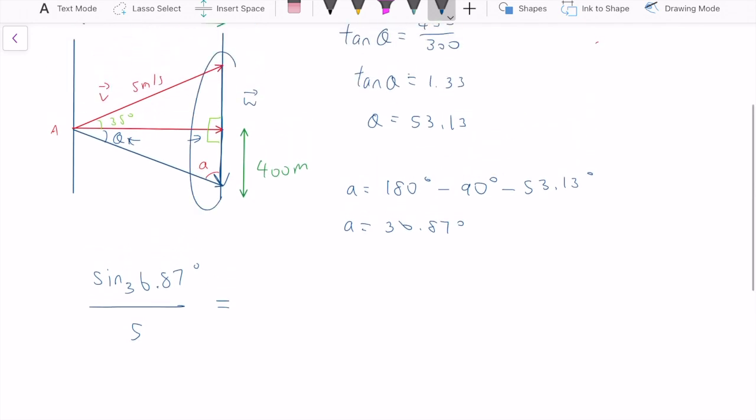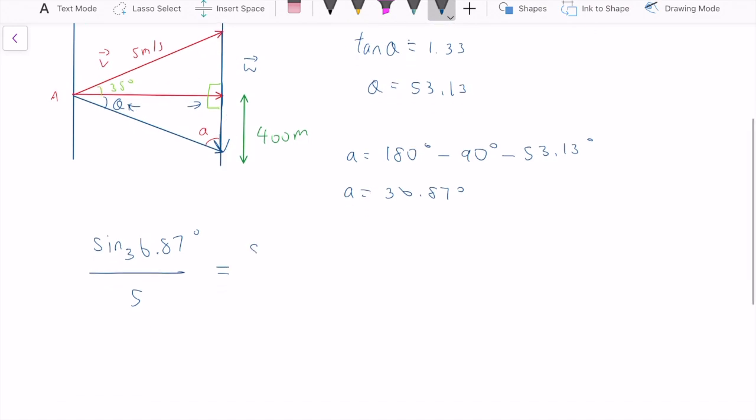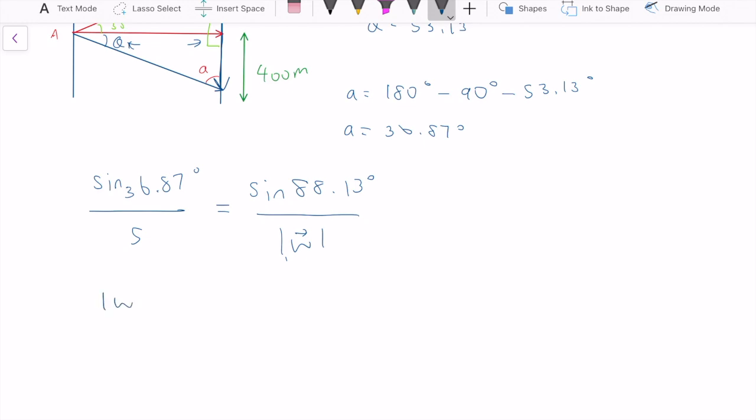And what's opposite of this? Yes, the theta is here. The theta and the angle, 35 degrees. So this will be sine of theta plus 35, which is around 88.13 degrees, over, it's a current, we'll just call it magnitude of W. So current speed equals 5 sine 88.13 degrees over sine 36.87 degrees.